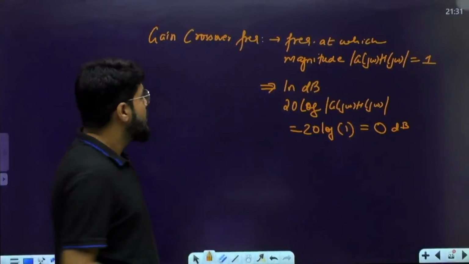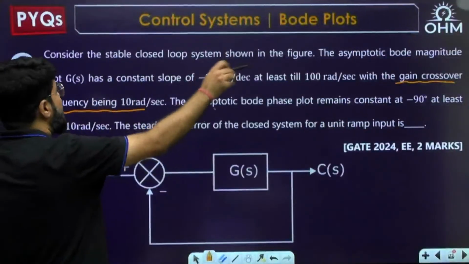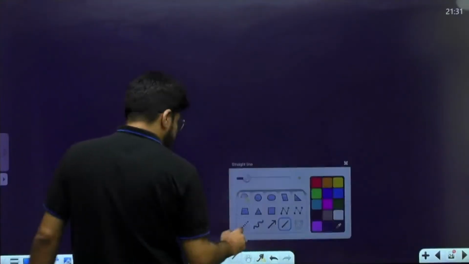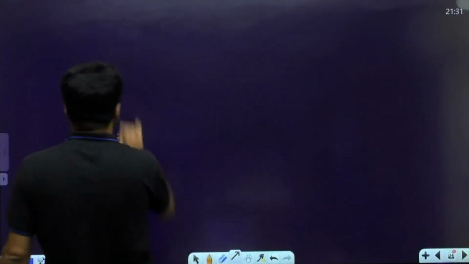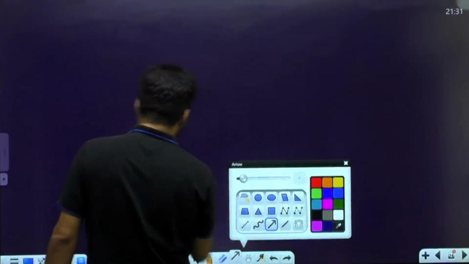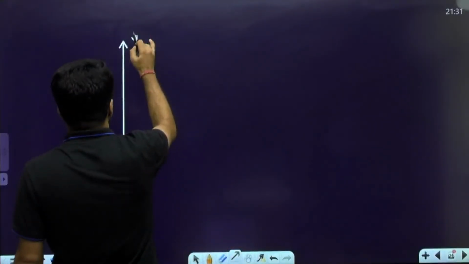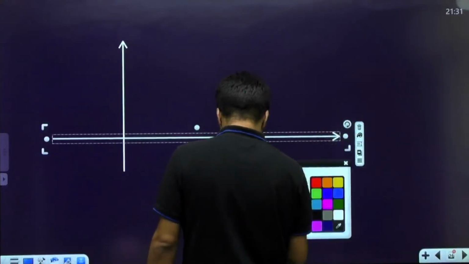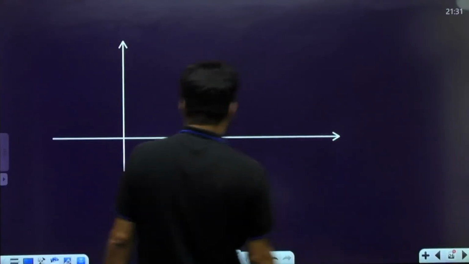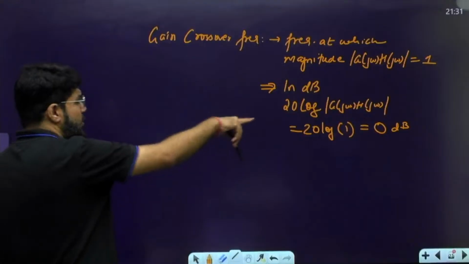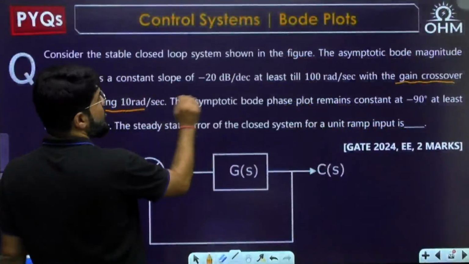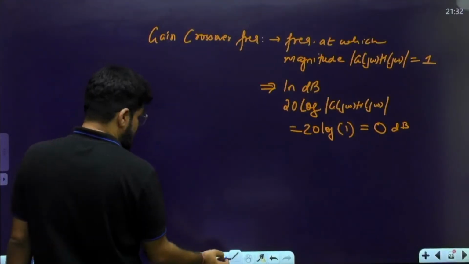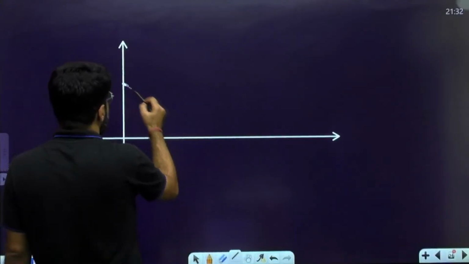So what they are telling is the Bode magnitude plot has a constant slope of minus 20 at least till 100. On the basis of this, let's have a rough sketch of the Bode magnitude plot, where the slope is minus 20 at least till 100 with the gain crossover frequency, that means the 0 dB point, at 10.